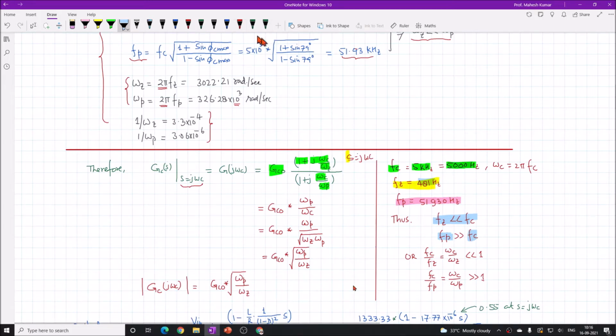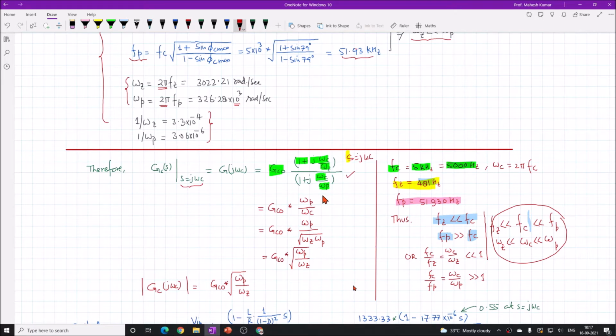So we can write like this, that Fc is actually far less than Fp, but far greater than Fz. Or you can say omega c is far less than omega p and far greater than omega z. Using these conditions, we can simplify this expression.